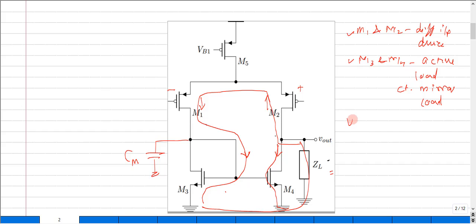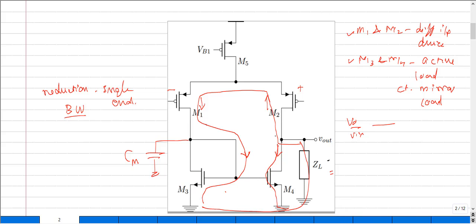So between Vout and Vin it creates a dominant pole, and that in turn reduces the bandwidth of the circuit. We have already seen this. So there is a reduction in bandwidth when we go for a single-ended op-amp configuration.